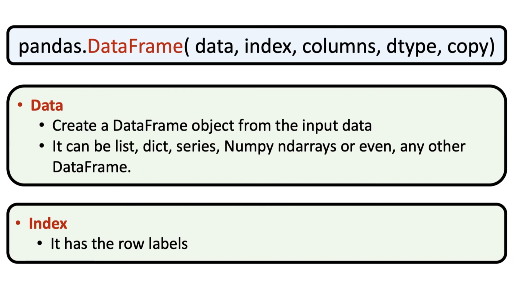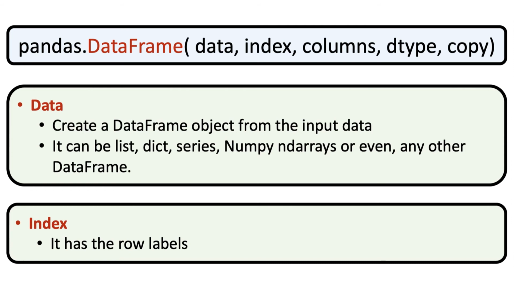So let's first of all start with how you can create a particular data set. Before going to that, we are going to discuss the syntax of this data frame. In this data frame syntax, the first argument we have is data.